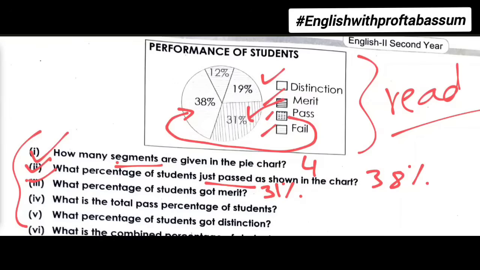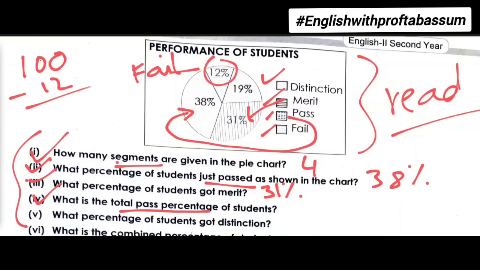Next question, what is the total pass percentage of students? So to know the pass percentage, out of 100 minus 12%, that is fail percent, then you will get total pass percentage, that is 88. So answer is 88%. Now moving on to the next question, what percentage of students got distinction?